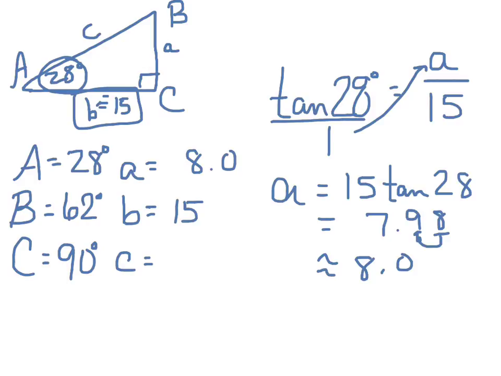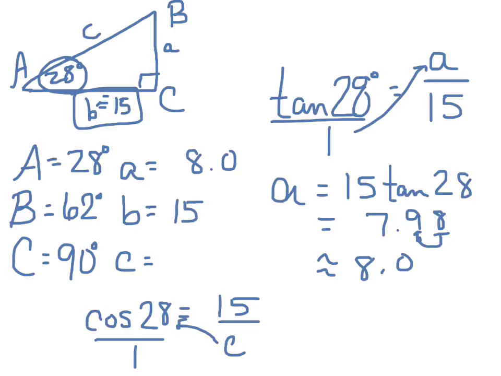Which ratio deals with adjacent and hypotenuse? Cosine. So the cosine of 28 equals 15 over c. And now I put that over 1 and start over, cross multiply.